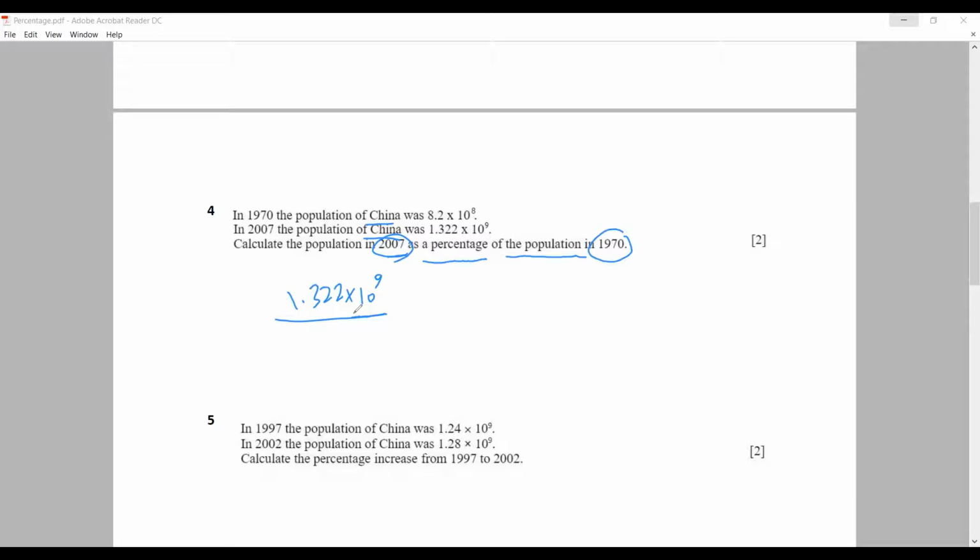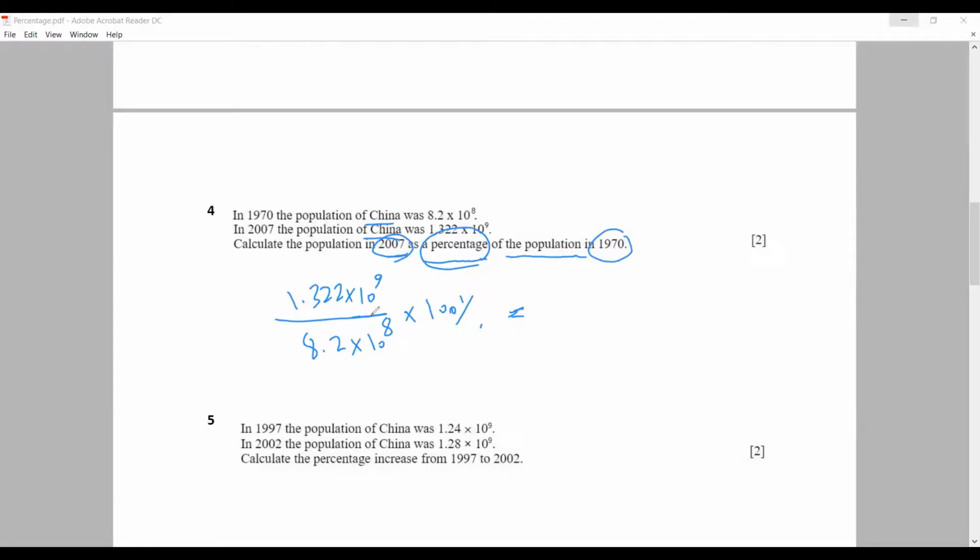It's just writing the value of one quantity as a percentage of another quantity. So then in the denominator, we have 8.2 times 10 to the power of 8 times 100%, because they want us to express it in that form.